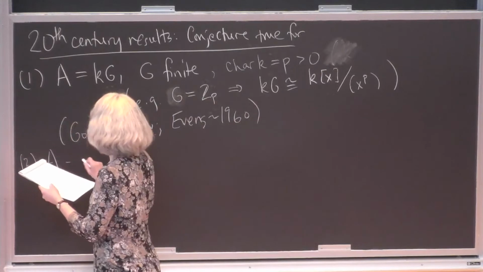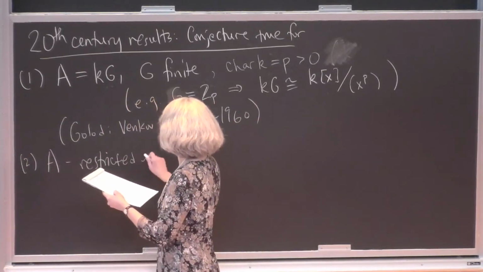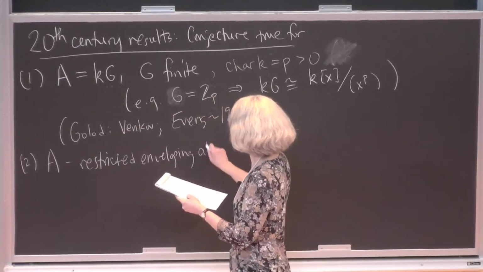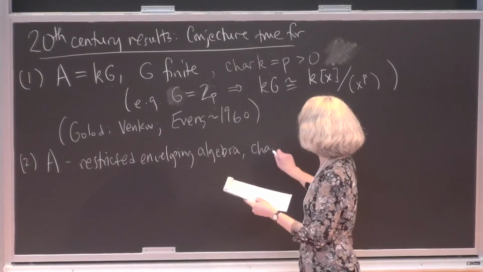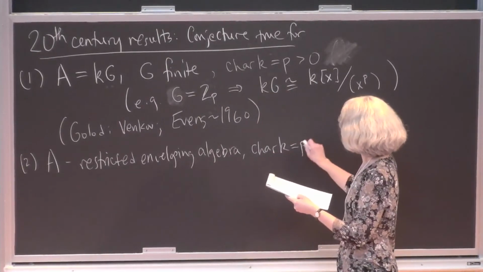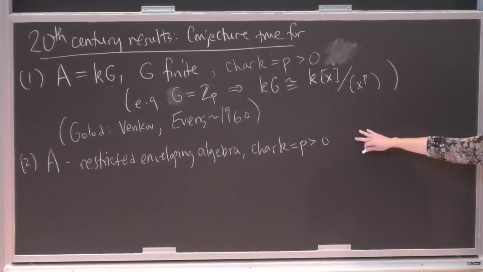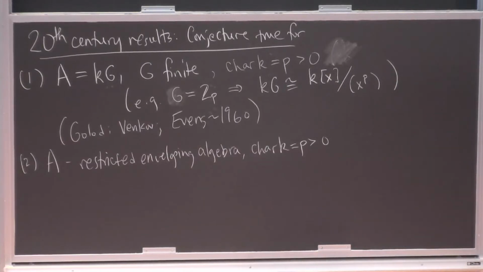Next was A as a restricted enveloping algebra. And again, we need positive characteristic. A restricted enveloping algebra is a quotient of an enveloping algebra that works specifically in characteristic p, and there's a definition that I don't want to write down.